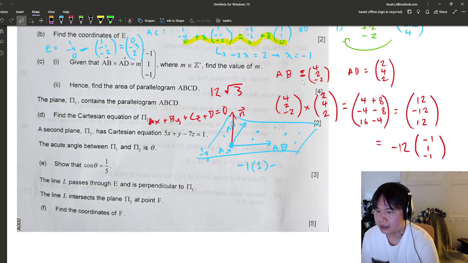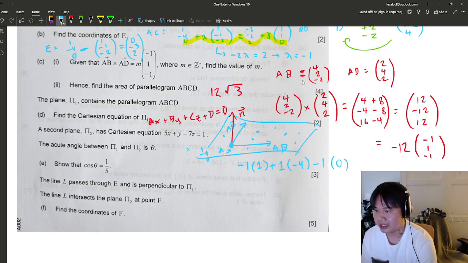Okay, plus b, which is the y component of our normal, times our y value of a coordinate, which is the A coordinate, negative 4. Negative 1 times 0.